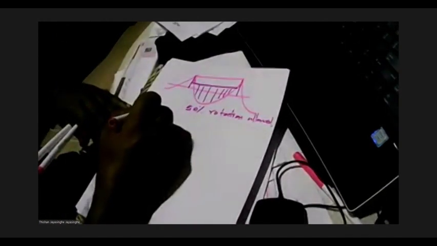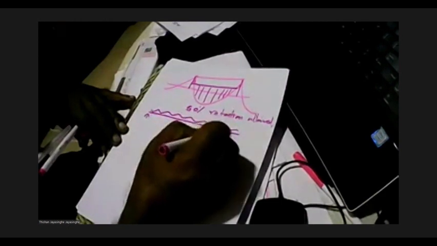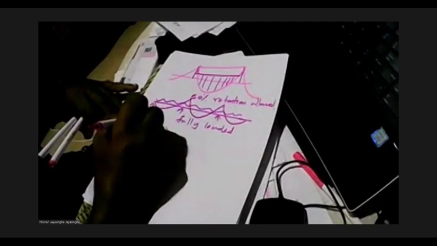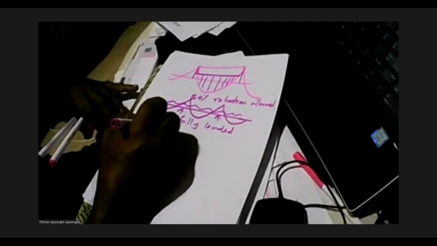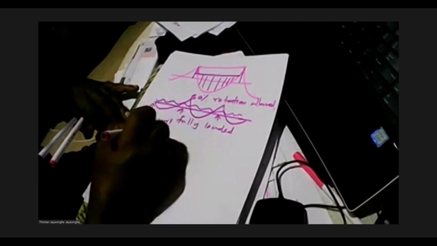So if you want to find the span section moment, it comes when all are fully loaded. Is the support moment.